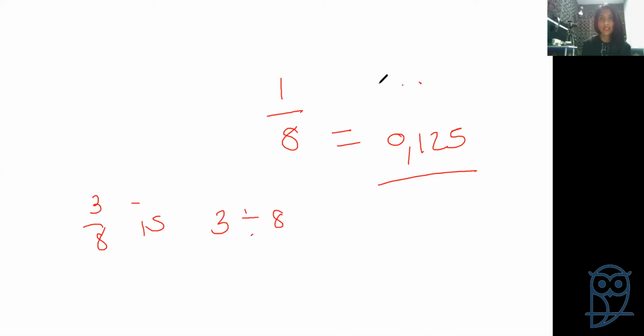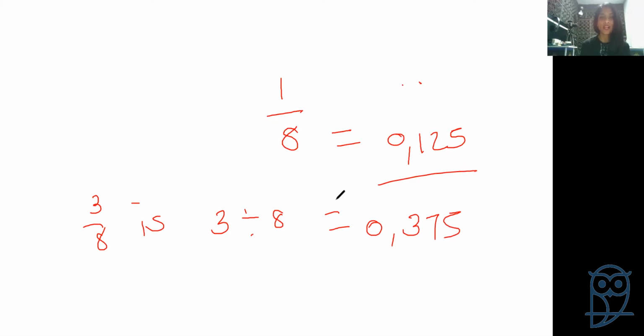So 3 divided by 8 is equal to 0.375. So when we are converting fractions to decimal numbers, the rule is divide the numerator by the denominator. Okay, everybody's happy with that.